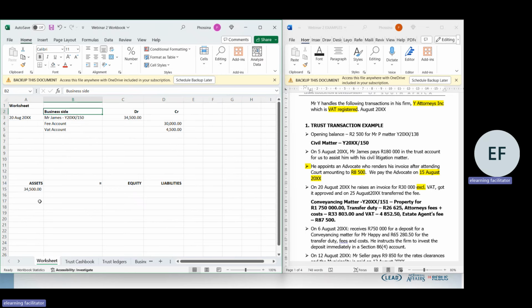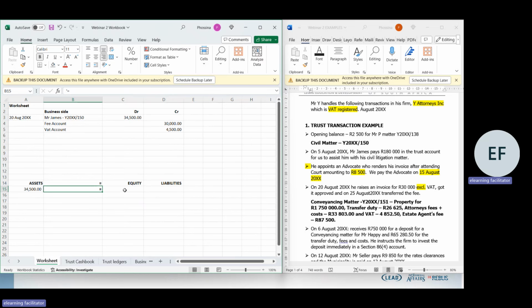Okay, so this is for the business benefit. If you go back to our accounting equation, this is our asset as a business, but it's made up of equity. How much is equity? In this case, I'm going to copy and then paste here.